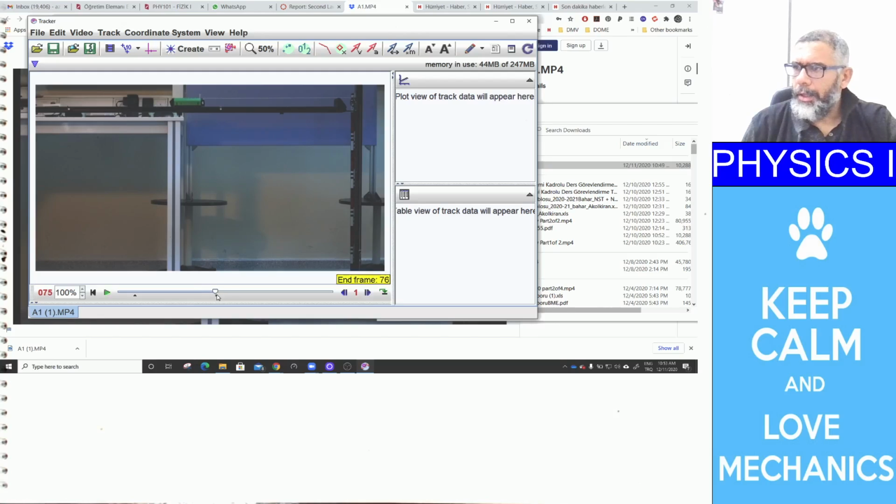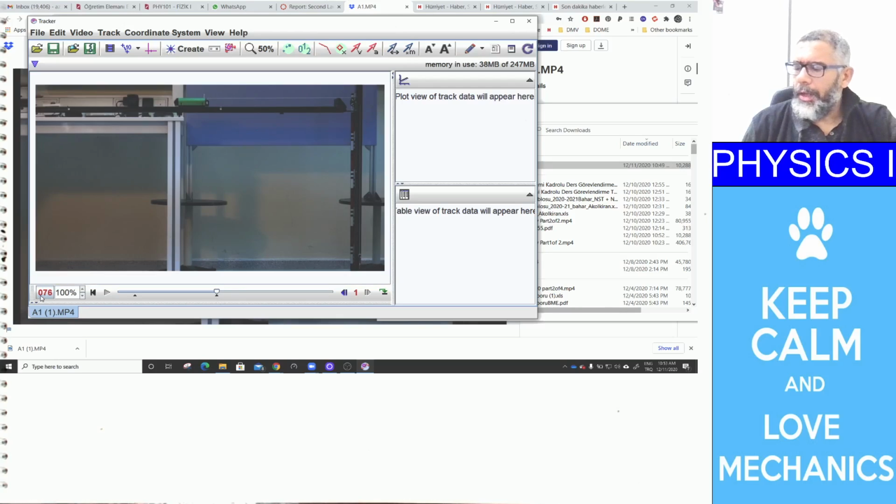Well, you will see that it will hit the ground when the rope is just loose. When you see the rope is loose, that means that the hanging mass hits the ground. Just try to catch the last frame on which the rope is still taut. Okay, I think this is the frame.